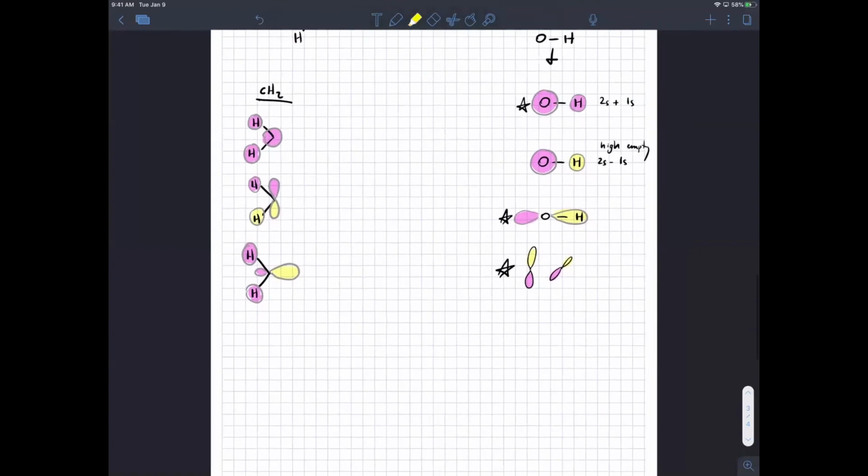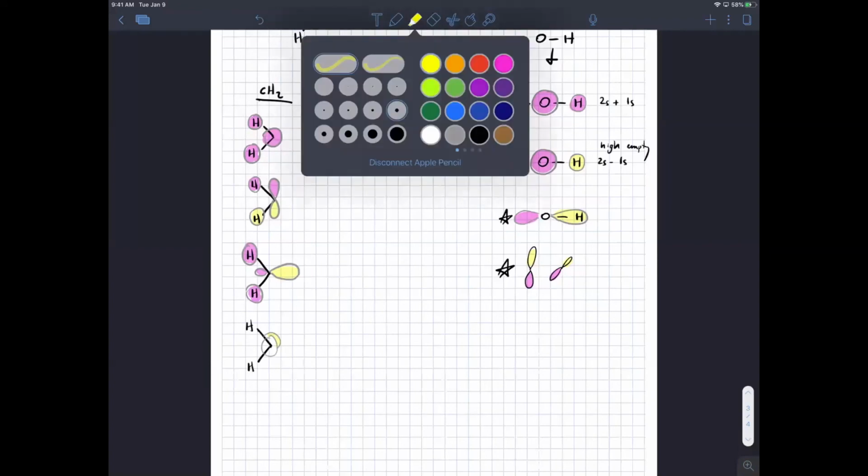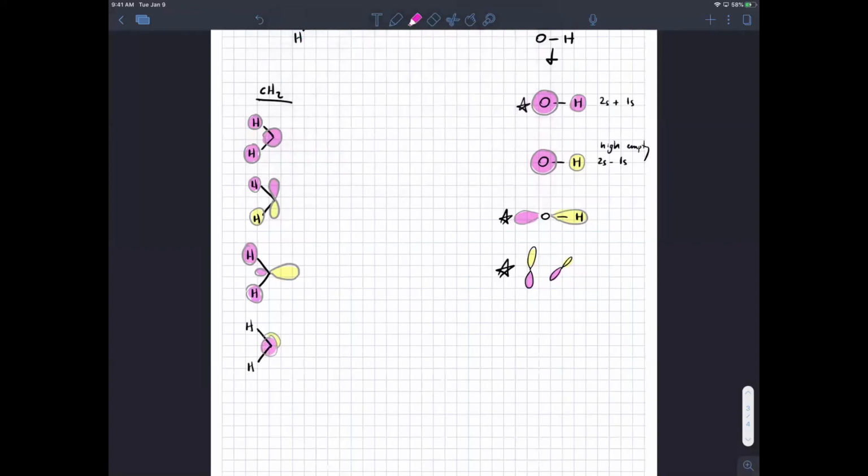And then let's see, that p orbital that we have would be the one that is coming out of the page at us, I think, based on how we've drawn things. Is that okay? So now we're just going to stitch them together in the best way that we think possible.